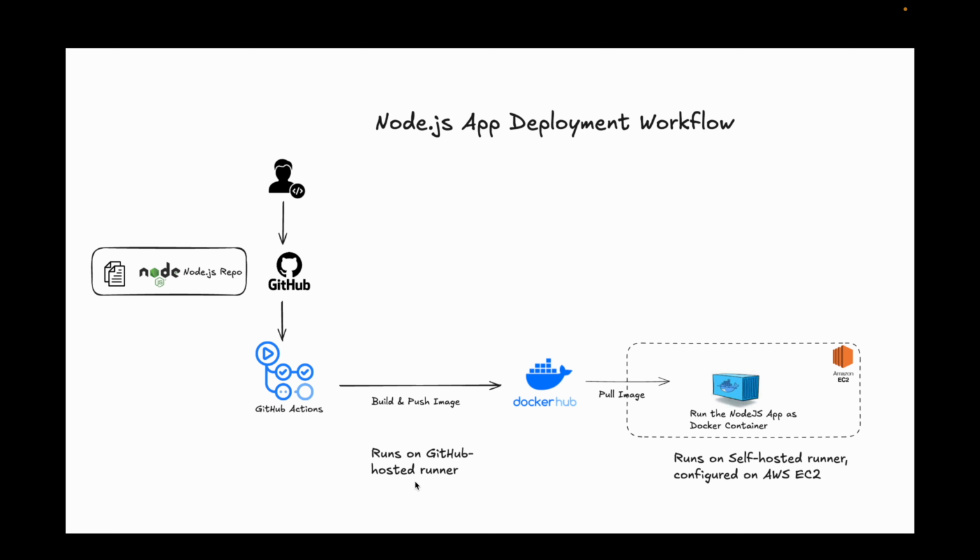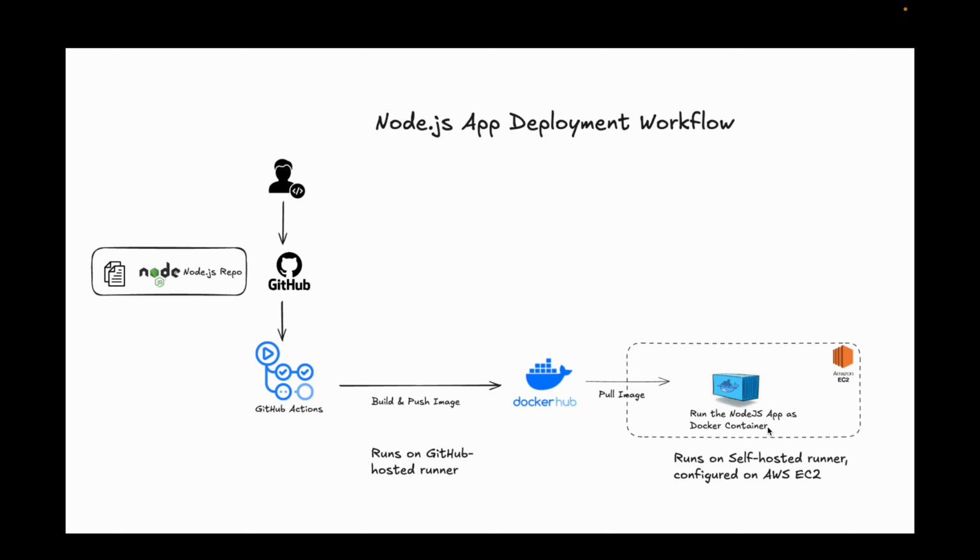We are going to use runners provided by GitHub itself, and in the next step we are going to create a self-hosted runner which will be running on AWS EC2. There we are going to pull the image from Docker Hub and run that image as a Node.js app container. So our Node.js application will be running in a Docker container on AWS EC2.